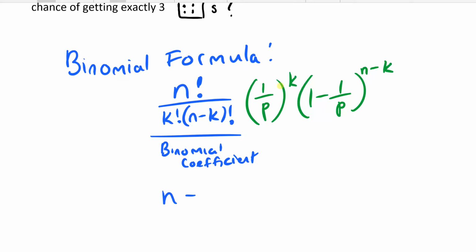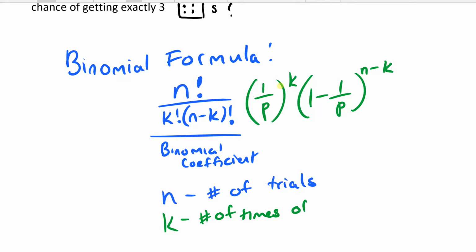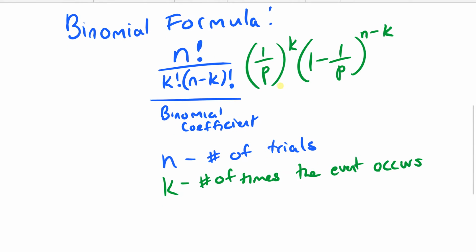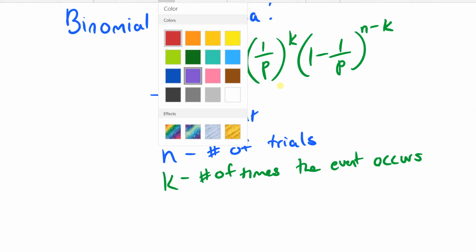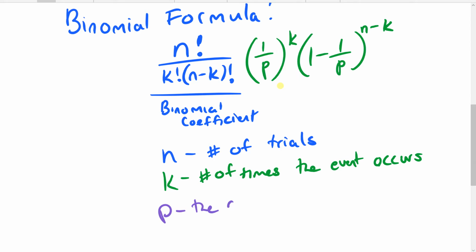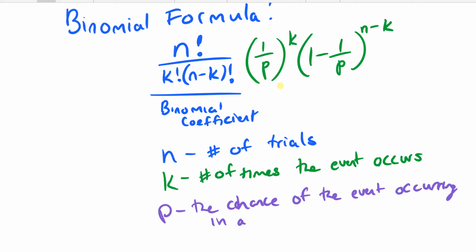Here n is the number of trials, k is the number of times the event occurs, and p is the chance of the event occurring in a single trial.